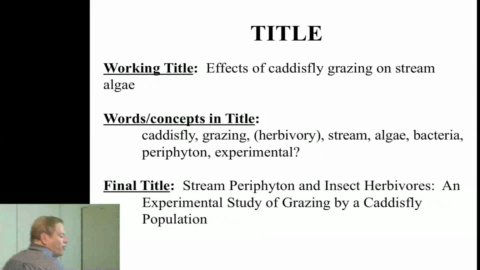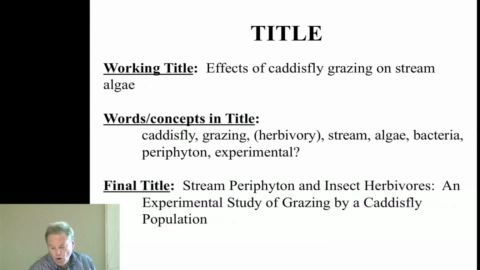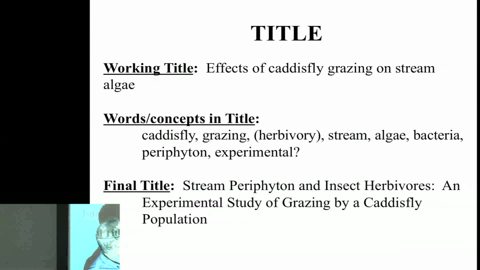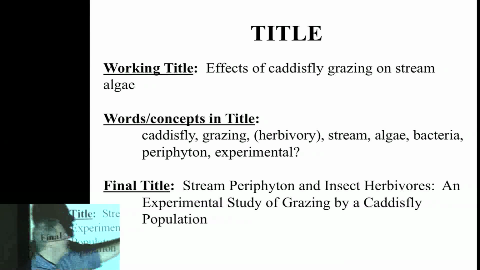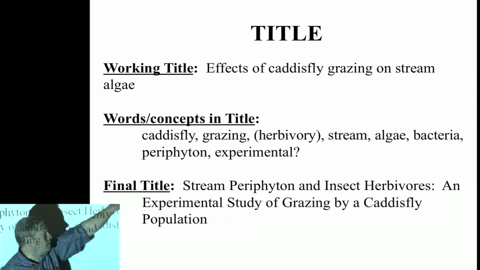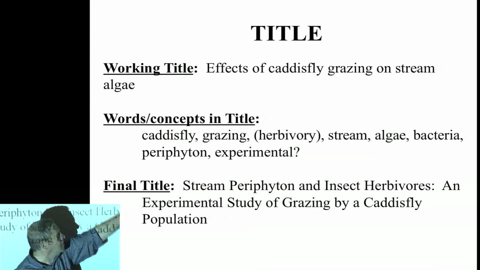So we take all these words and concepts and we put them together into a final title: Stream periphyton. Periphyton is algae and bacteria and insect herbivores. And this is a colon, and I'll come back to this a little later.